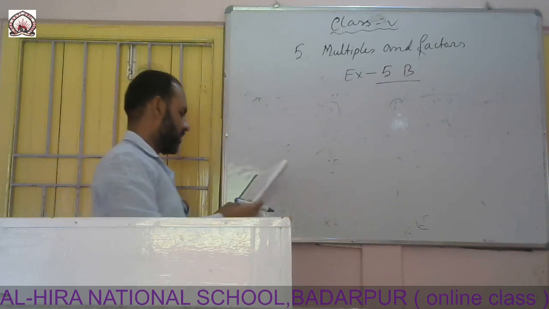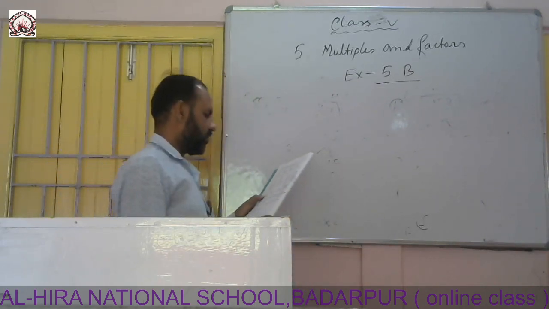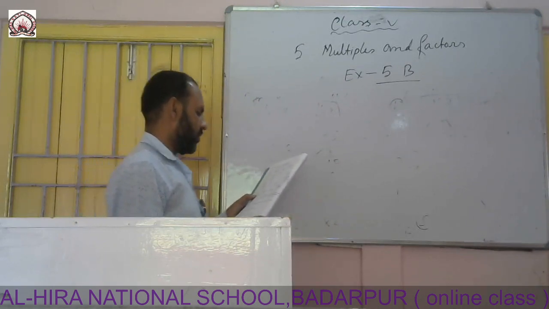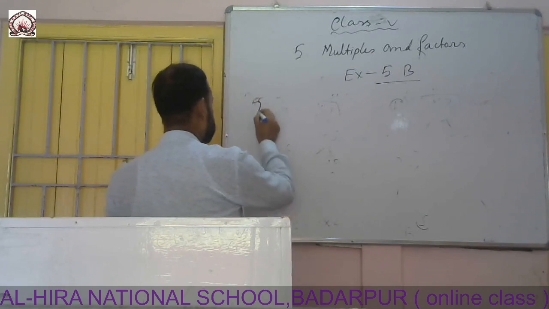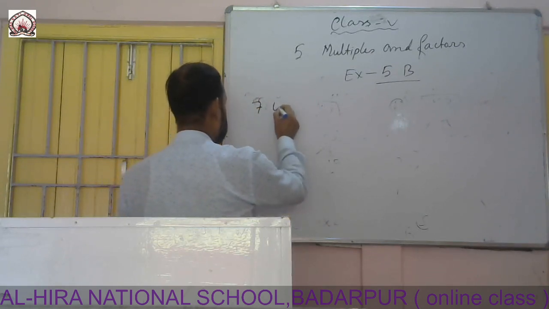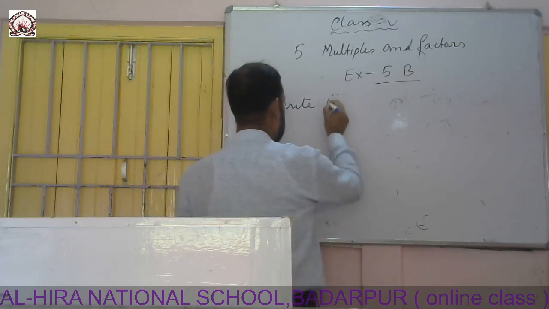Next, write the common factors of each pair of numbers. Question number 7.